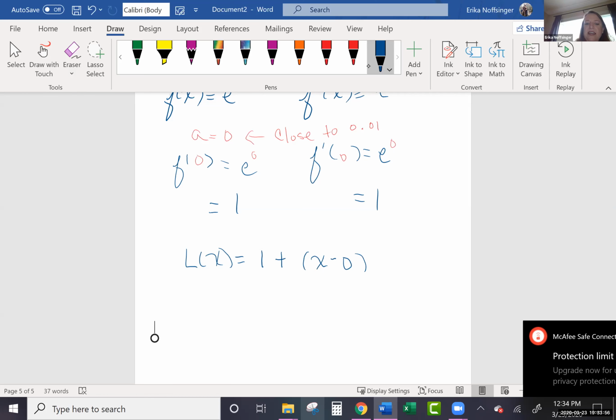So in this case, this is just equal to 1 plus x. So e to the 0.01 is approximately equal to L of 0.01, which is equal to 1 plus 0.01, which is 1.01.